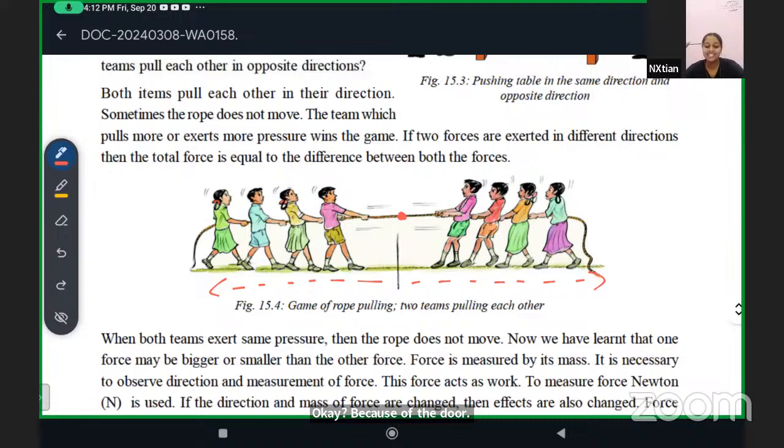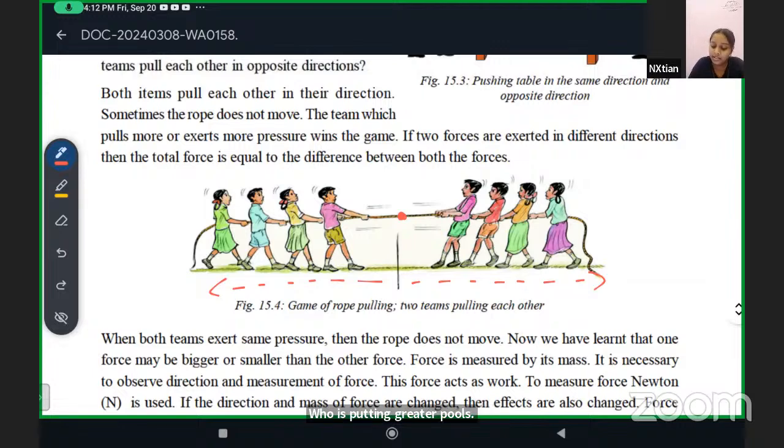Anyways, the team which pulls more or exerts more pressure will win the game. The team that pulls harder, the red thing will come towards their side, and they are going to win, obviously. The rope will come to the team who is putting greater force, who is exerting more pressure.